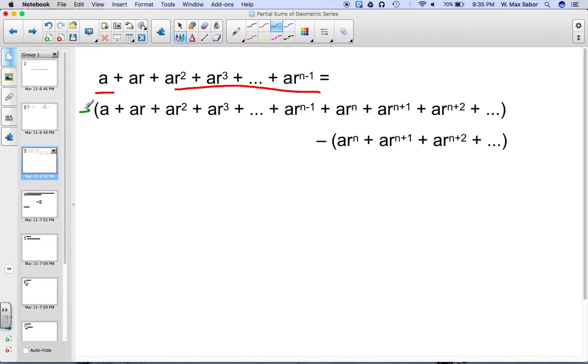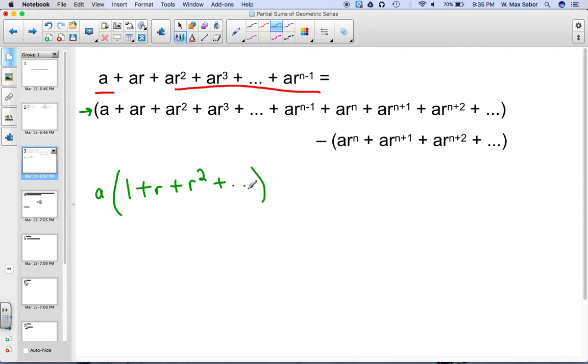That this, in here, in green, represents our infinite sum. This is a times 1 plus r plus r squared, and then it continues infinitely.